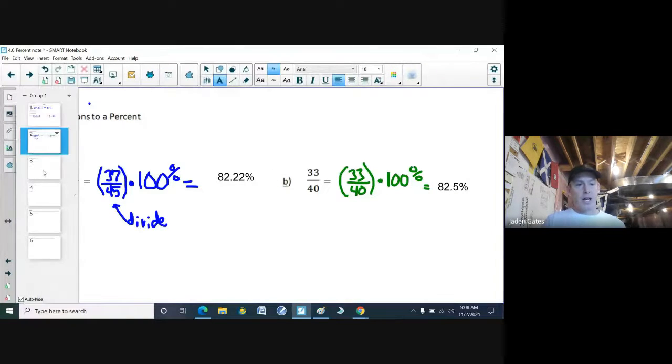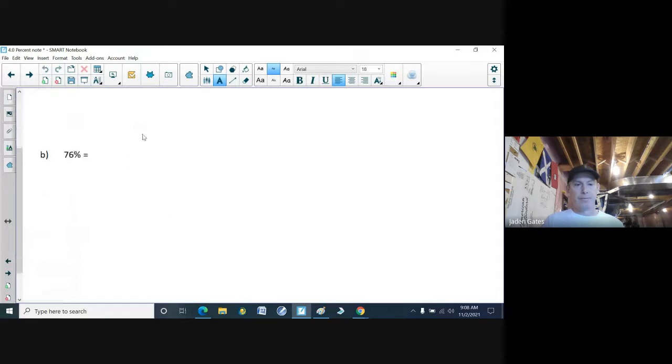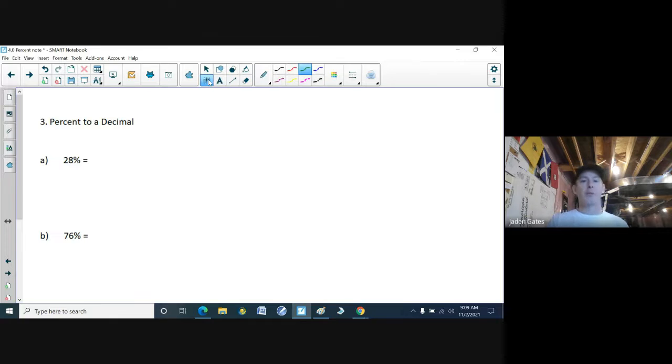All right, what else do we have here? Percent to a decimal. This one's a very important one because percent is useless to use in a calculation, so we always have to convert it to a decimal when we're doing math calculations. Again, I'm going to use the definition, that 28% is defined as 28 out of 100.